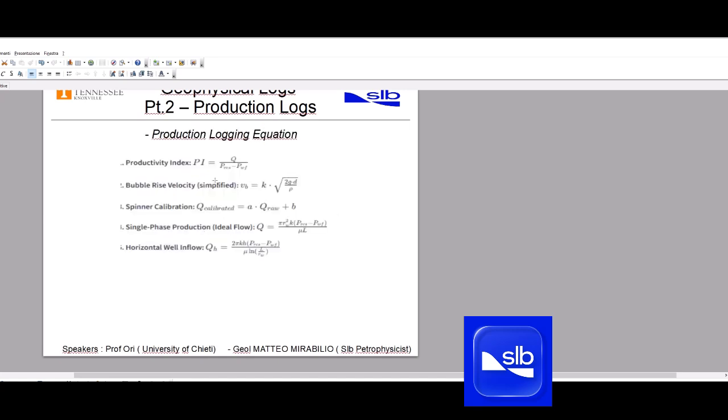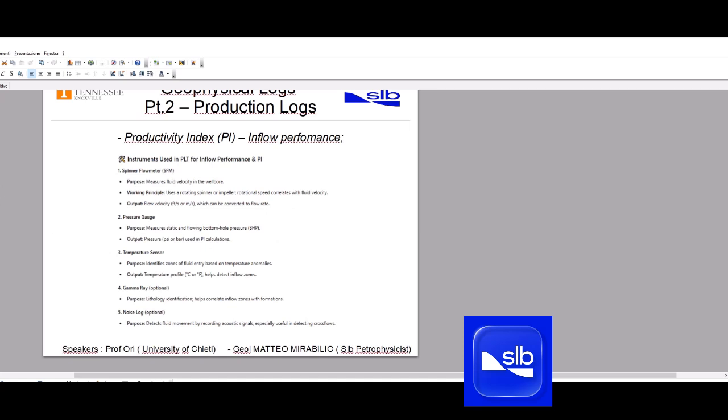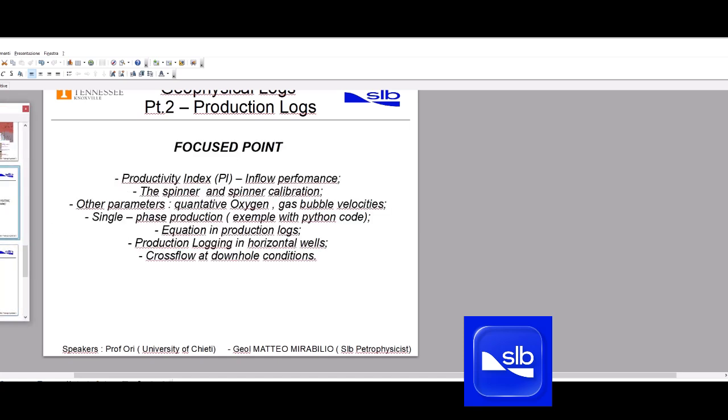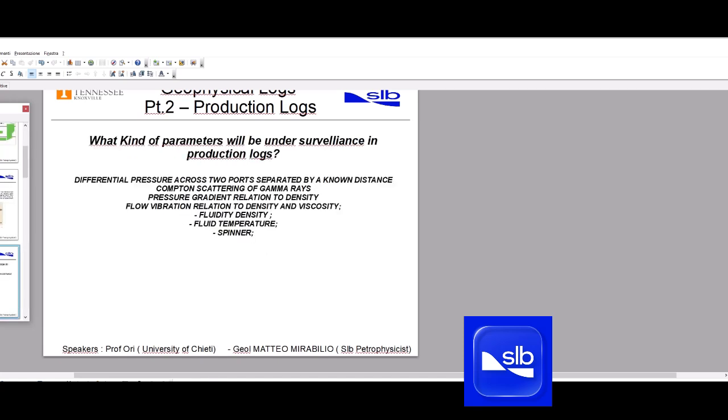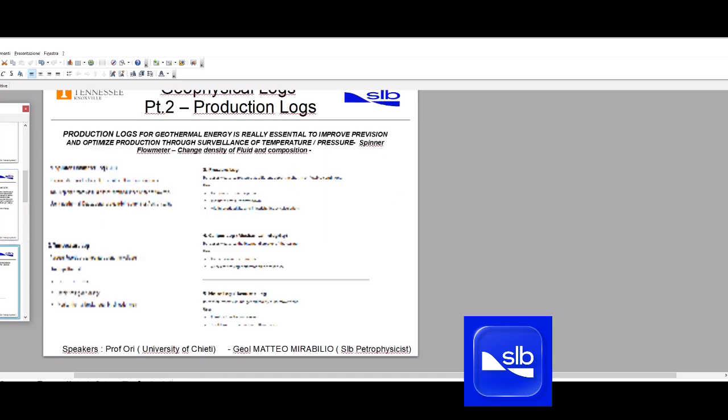Generally for the production log, the equation is the following, because we have a productivity index PI that is also referred to as a ratio between the inflow and the difference of pressure, initial pressure in the reservoir and final pressure, as I just explained in the previous slide.